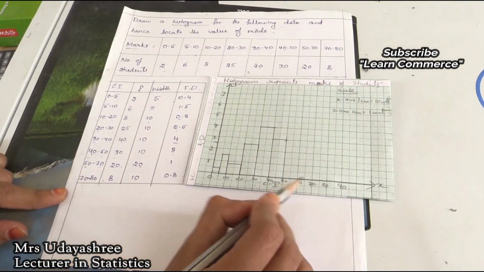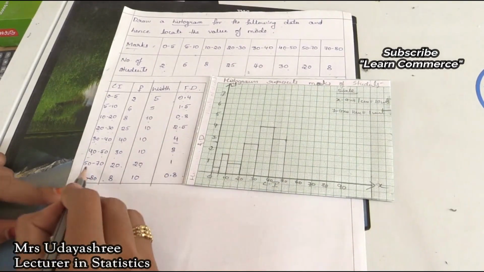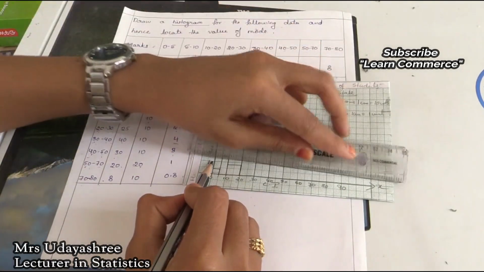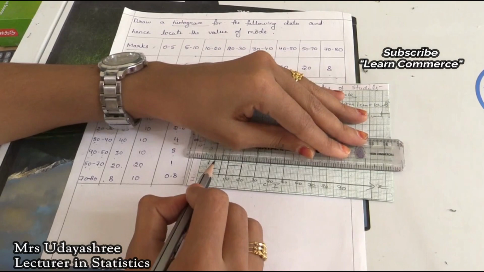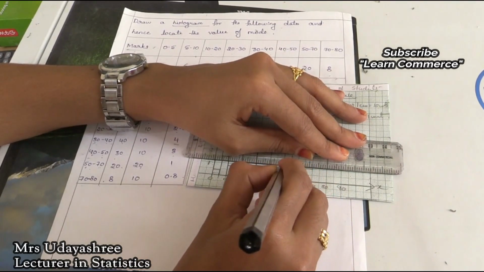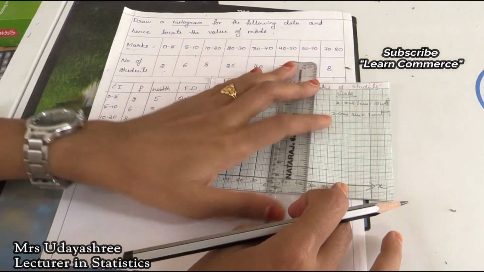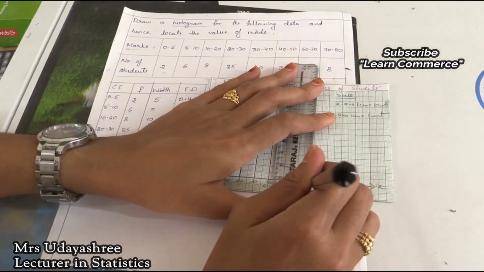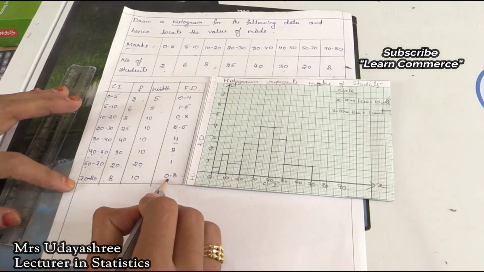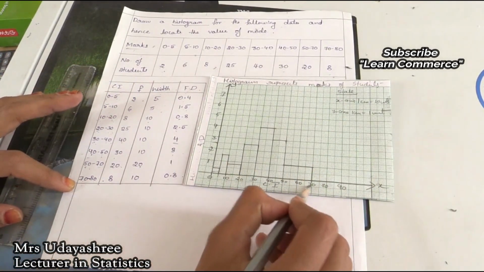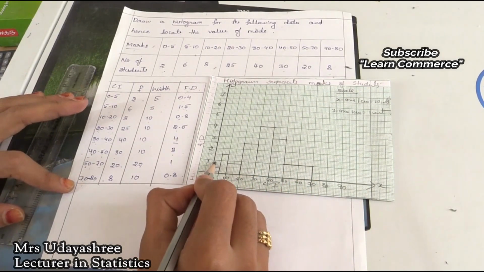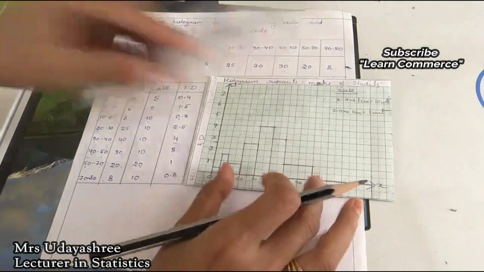See, 50 is here, 70 is here. So for that the corresponding frequency density is 1. So 1 is here. Next 70 to 80, the corresponding frequency density is 0.8. See, 1 is here, 0.8 comes here.